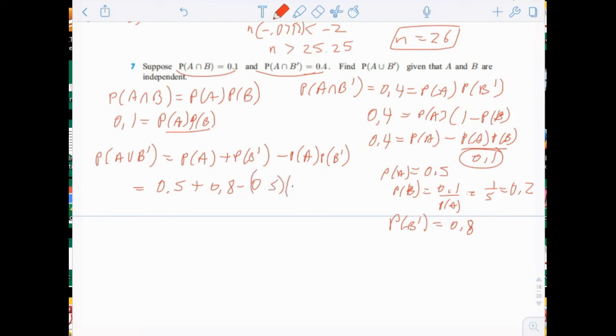So that's equal to 1.3. And 0.5 times 0.8 is 0.4. And the answer is 0.9.